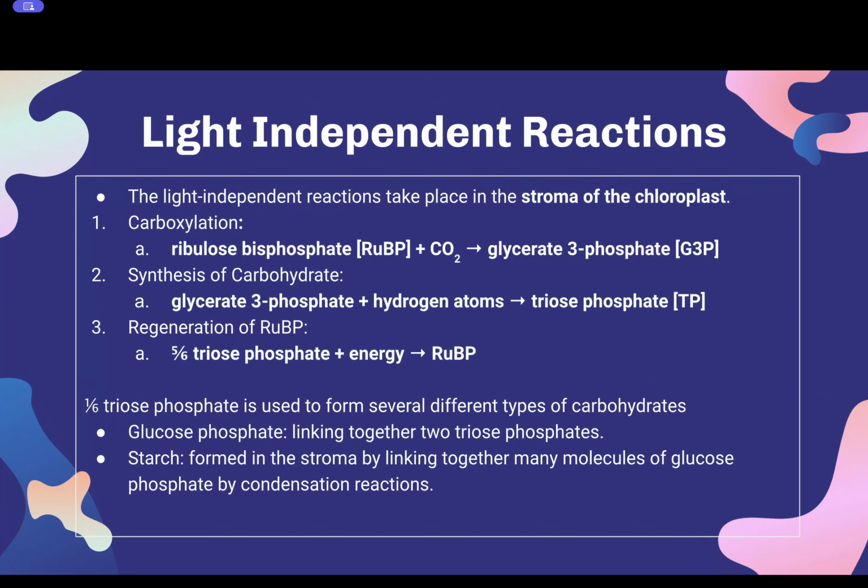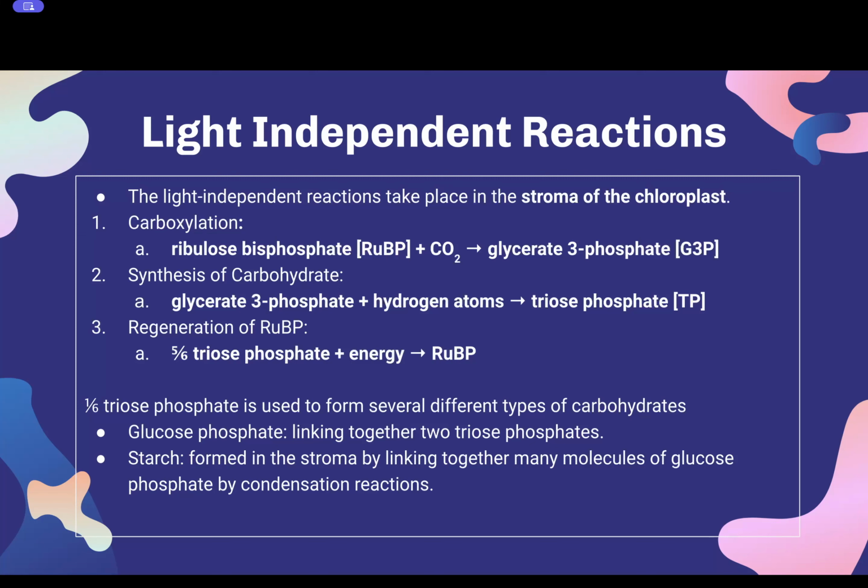Rubisco is an enzyme that you learn about in Unit 2 when you learn about proteins and enzymes and their specific functions. So Rubisco is used here to fix carbon dioxide into the Calvin cycle and create glycerate 3-phosphate. That glycerate 3-phosphate is then used in the main part, which is the synthesis of the carbohydrate itself.